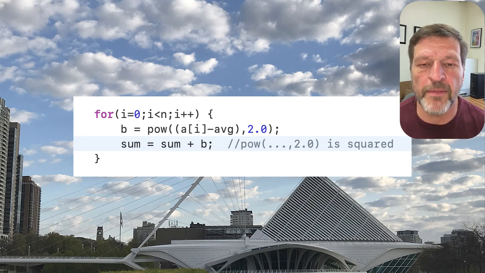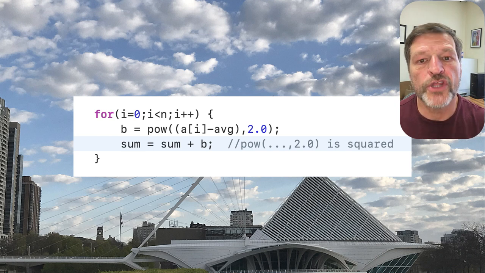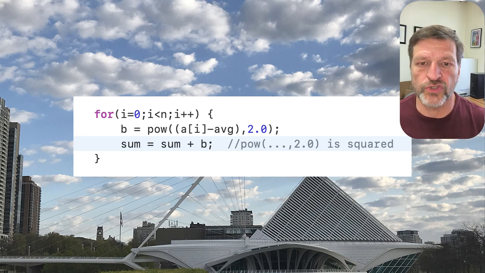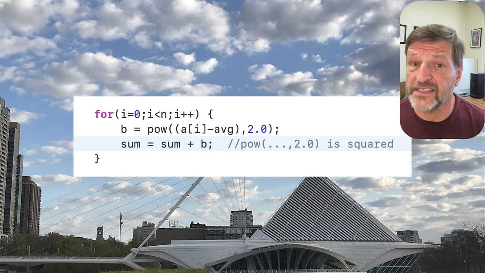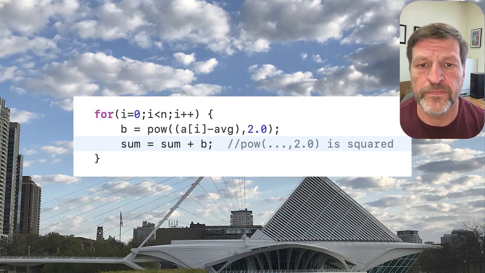It's the equivalent of coming up with a whole new variable and saying b equals pow, blah, blah, blah, to the square power, and then sum equals sum plus b, just replacing that in the second line. Instead of doing it in 2 steps, it does it all in 1 step. The return value of a function is always there. It's just whether or not we assign it to a value or use it inside of an equation. That's always a wild card.